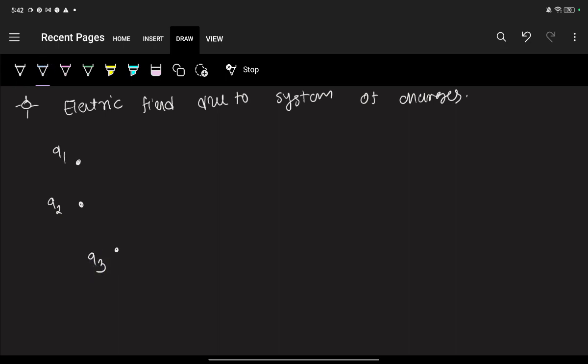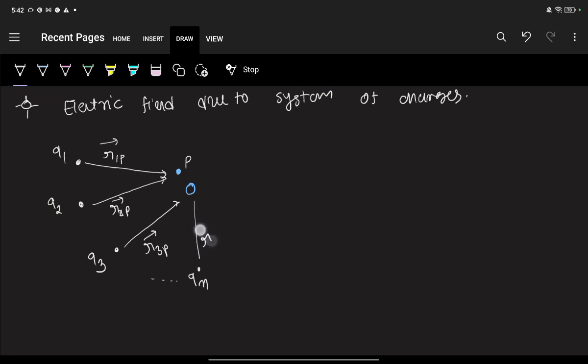We need to find the electric field at this point, let's name it as P. Let's take these distances as R1P, R2P, R3P, and this is Qn, the nth charge, at distance RnP.